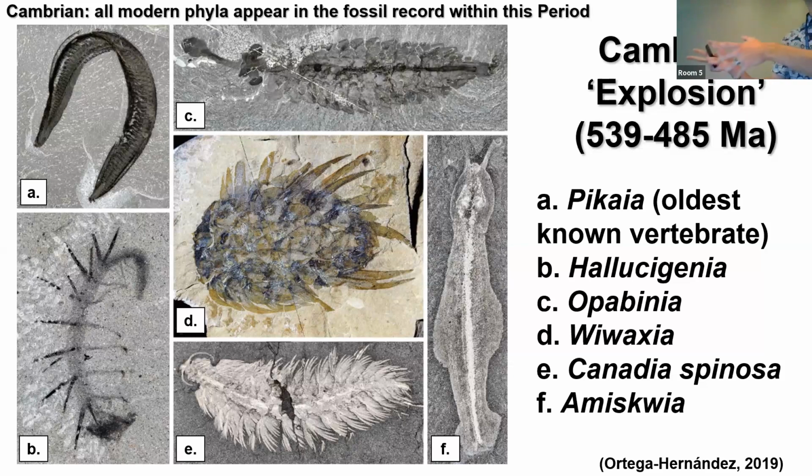And so I'm really interested in Earth systems around the origin of animals, and this transition from the earliest animals, which are strange and weird, into creatures that are also strange and weird, but in a different way, in the Cambrian.